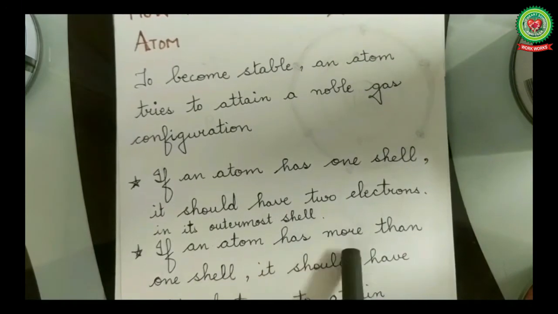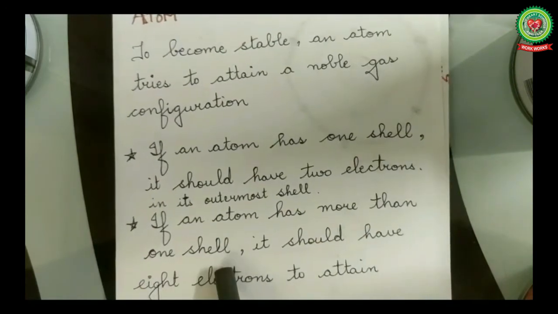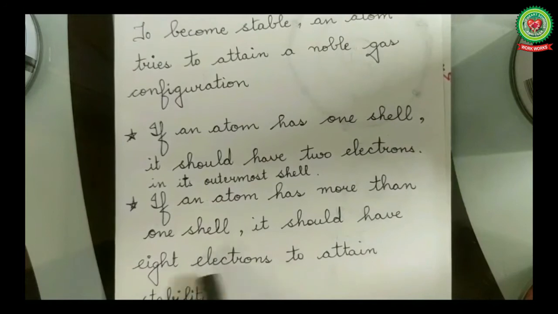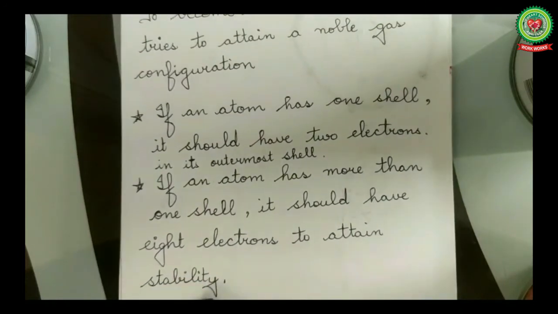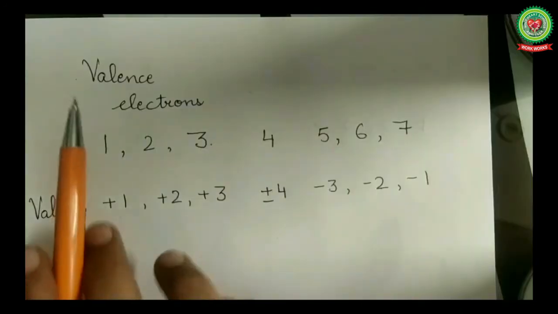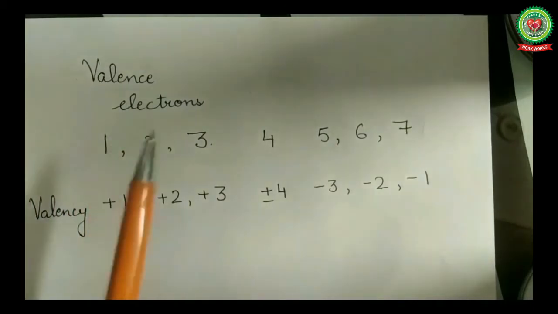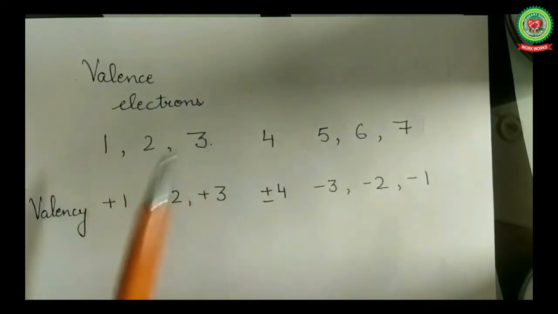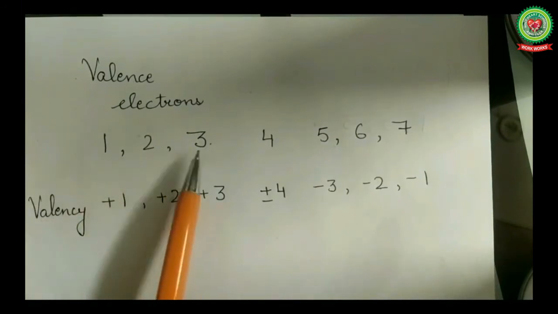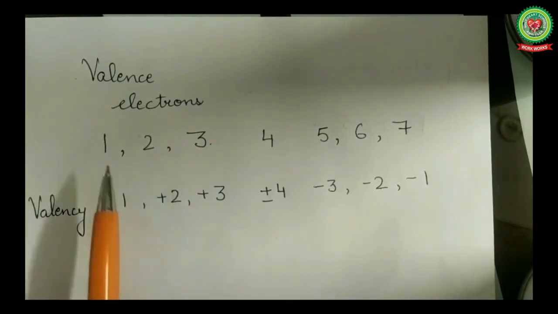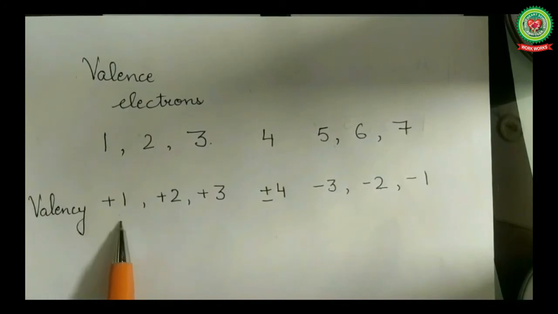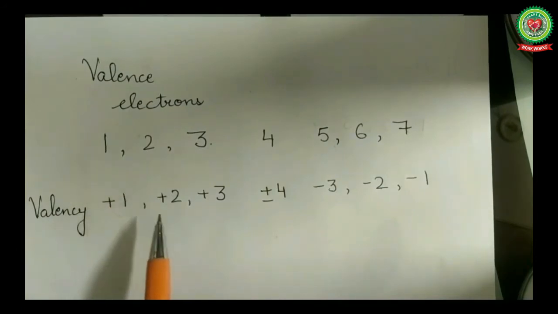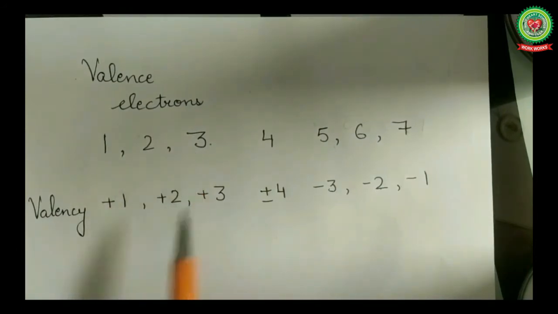If an atom has more than one shell, it should have 8 electrons to attain stability. If valence electrons, that is electrons present in the outermost shell, are 1, 2 or 3, then its valency becomes +1 for one valence electron, +2 for 2, and +3 for 3, as it is easy to lose electrons to become stable.